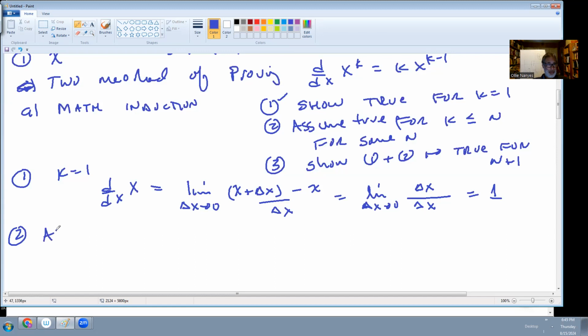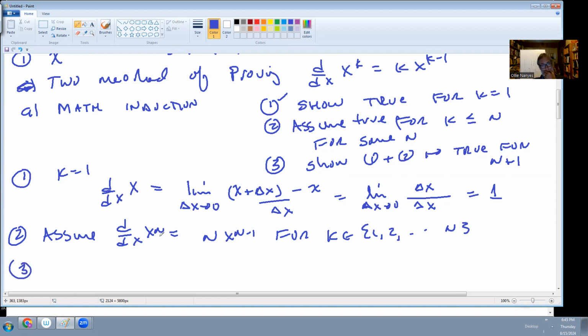Two, assume true for k equal to 1, 2, all the way up to n. Third, now let's do the derivative of x to the n plus 1. We can use the product rule. x to the n plus 1 is just x times x to the n.